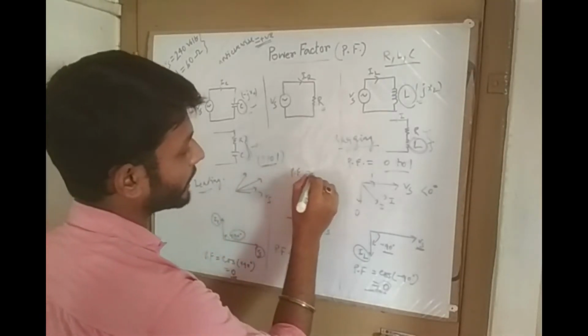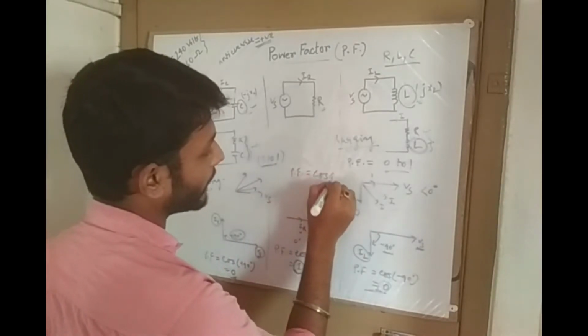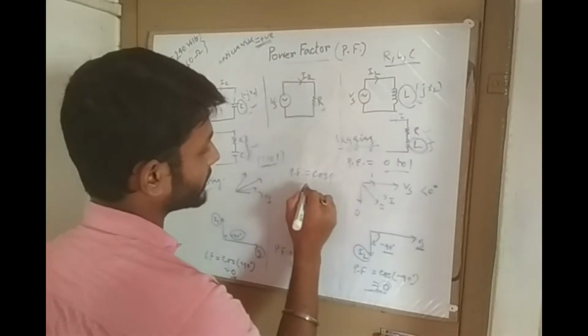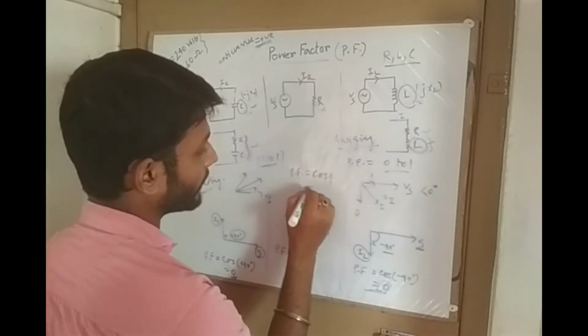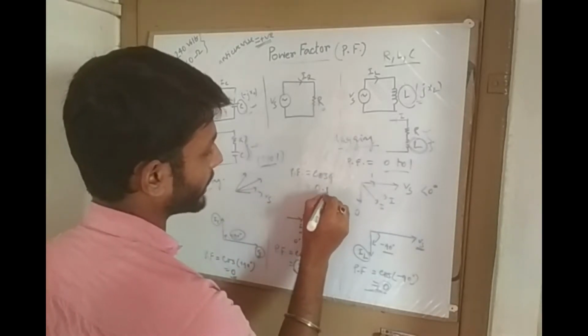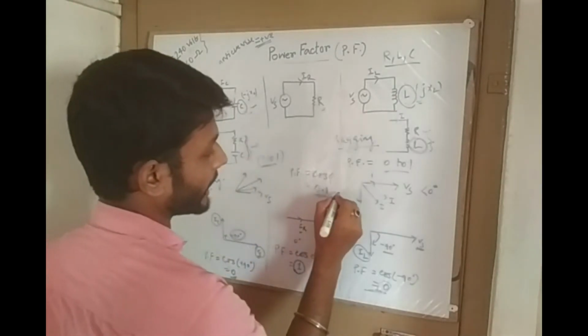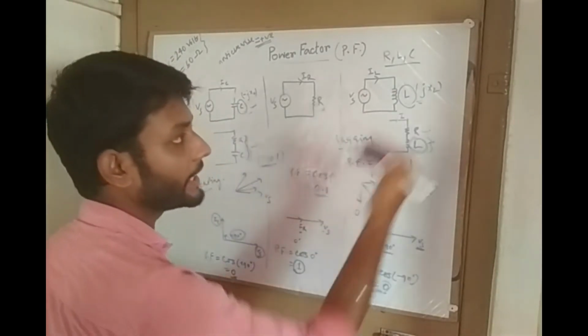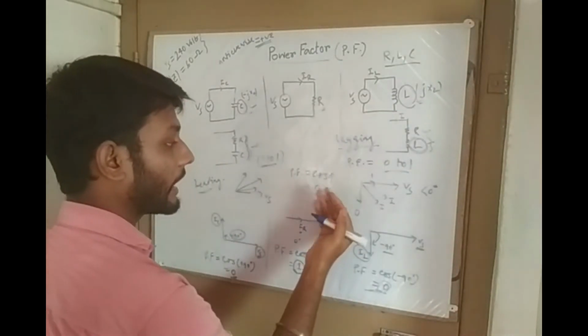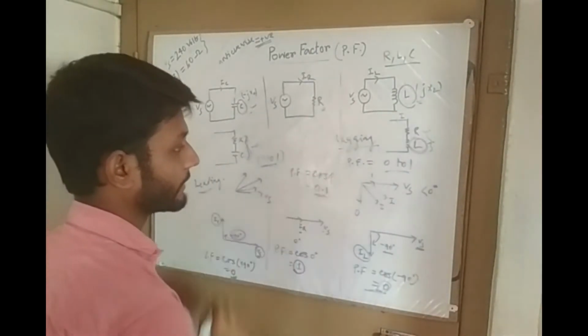We know power factor is cos of the angle between voltage and current, that is phi. Put this phi value and find some value. Suppose it is 0.8. If the load is capacitive in nature, write beside this leading. If it is inductive in nature, write the power factor lagging.